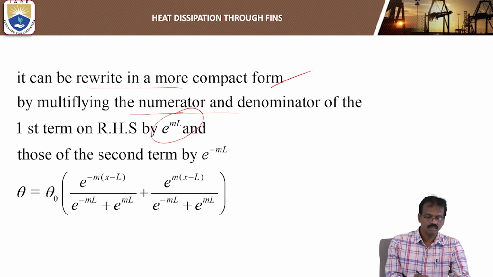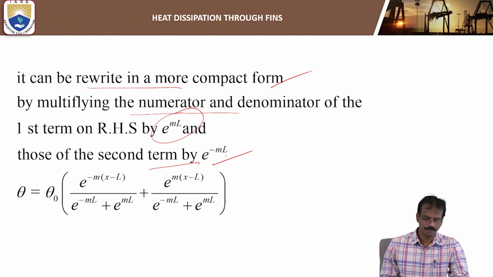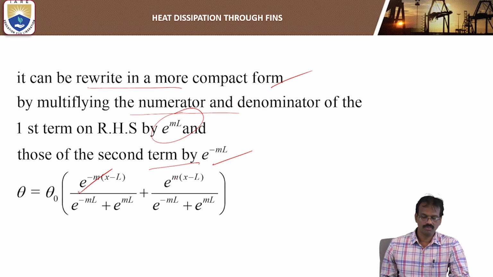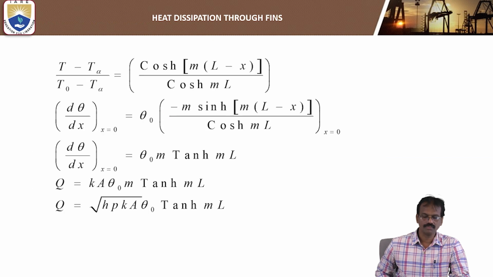Then the equation will be like this one. The first term has e to the power of ml, and the second term will be multiplied by e to the power of minus ml. Then the equation will be like this one. Okay. So here the denominator is the same term, the numerator is different.